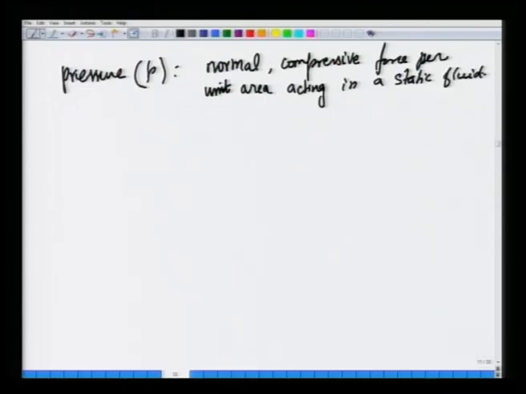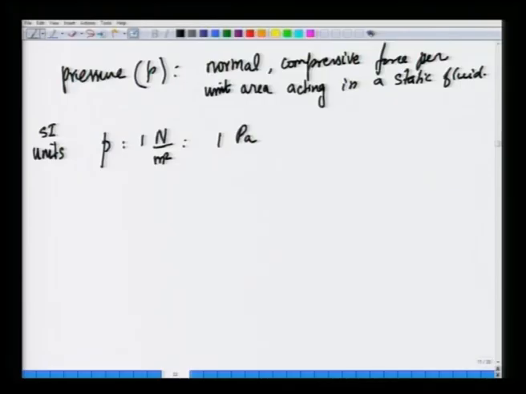Okay. Before I proceed further, the unit of pressure in the SI system is 1 Newton per meter squared, which is 1 Pascal. Okay. That is a standard unit.